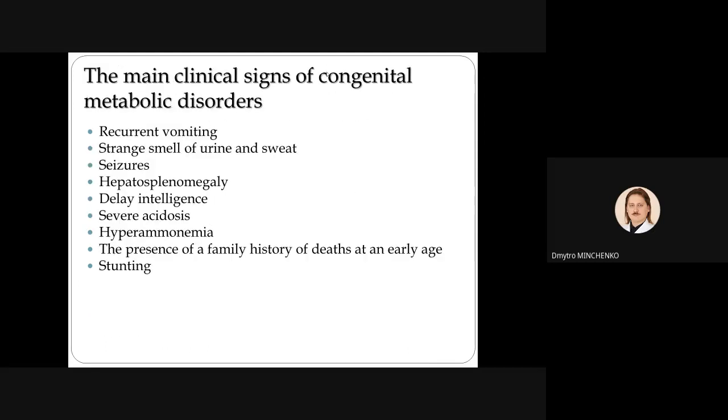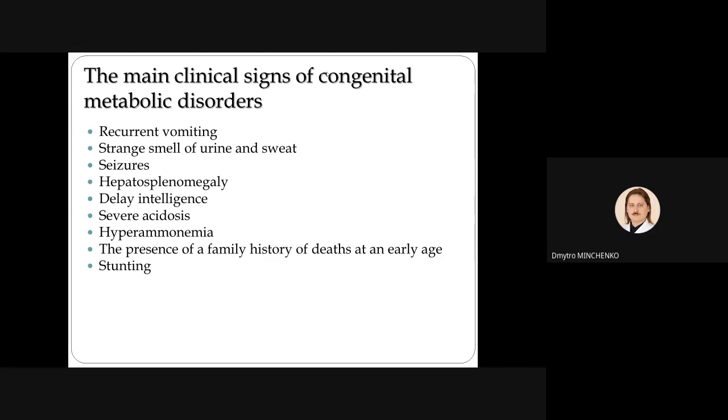Main clinical signs of congenital metabolic disorders. In general, if a child has diseases of metabolism, what are some of the general warning signs that a doctor should try to immediately note in order to begin suspecting a congenital metabolic disease?